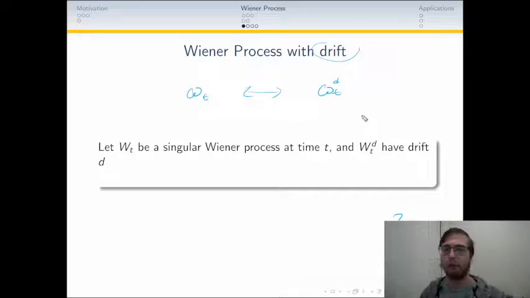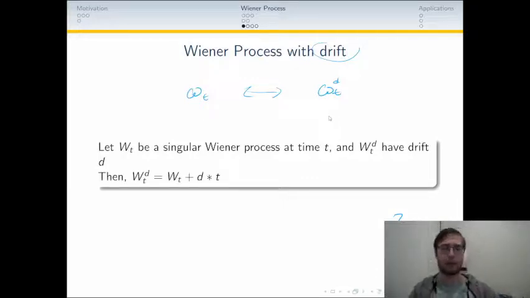What it means to have drift is that the expected value of the Wiener process is not going to be 0. It's going to be something proportional to time. So if we look here, then we can describe this one as W of td, the Wiener process with drift, is equal to a single Wiener process plus d times t.